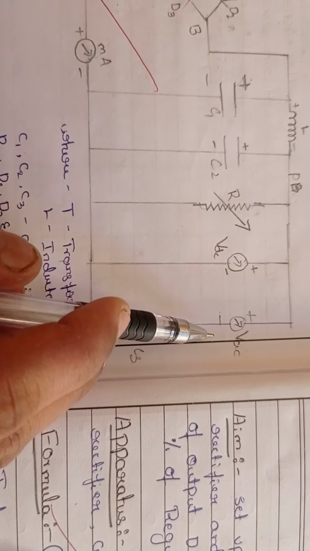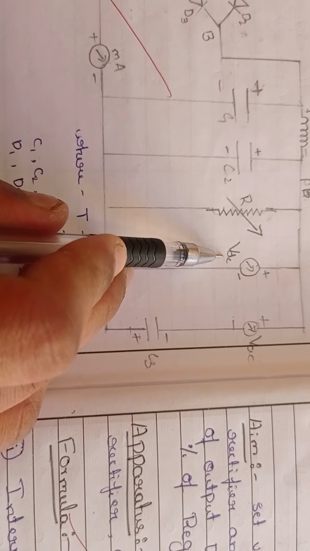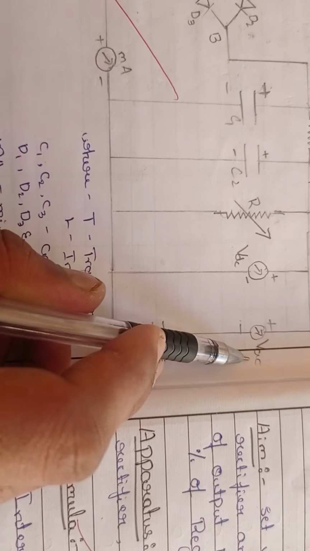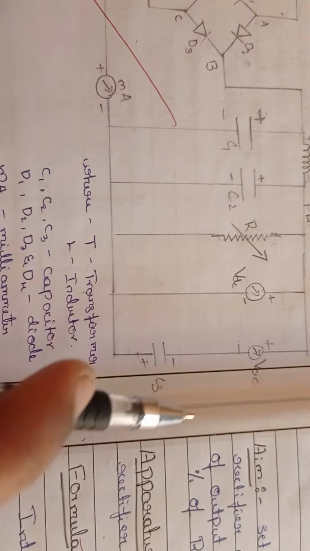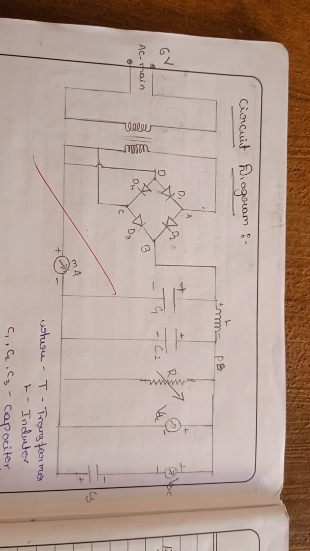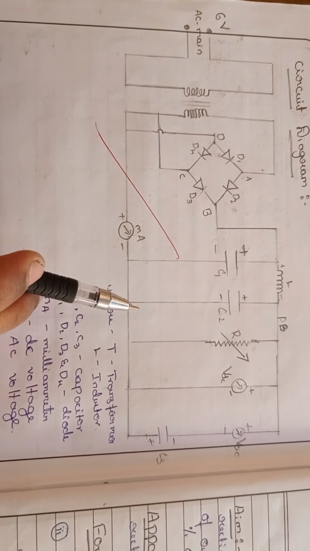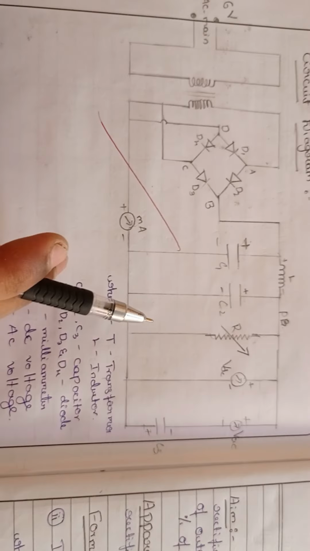We use two voltmeters, but we have to mention that this is for DC voltmeter and this is for AC voltmeter, and we also use a milliammeter. This is the full circuit diagram for battery eliminator.